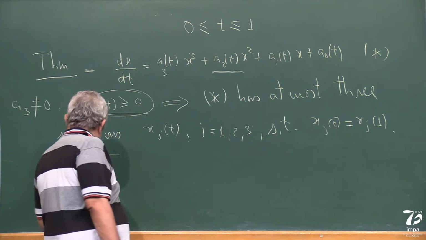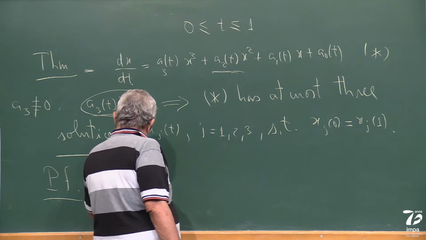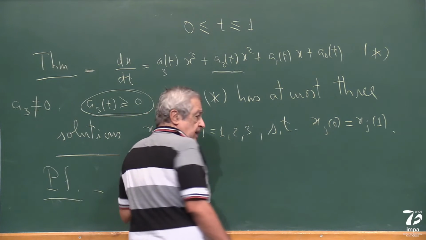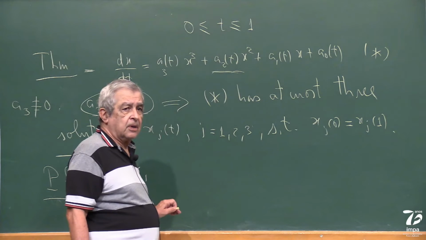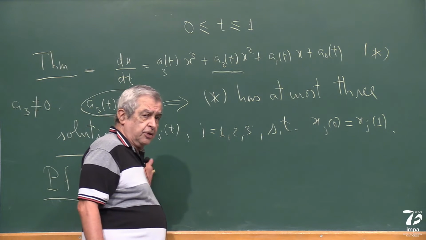So the proof goes like this. So suppose x1. So you mean if you have more than 3, then you have infinitely many? I prove that there is no more than 3, okay?